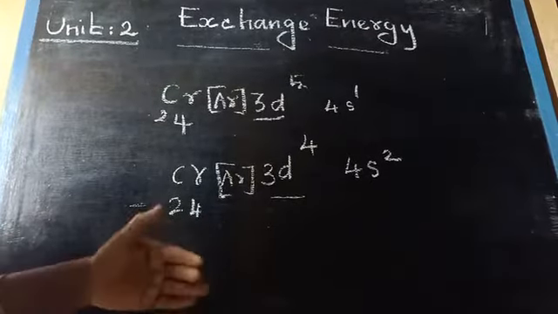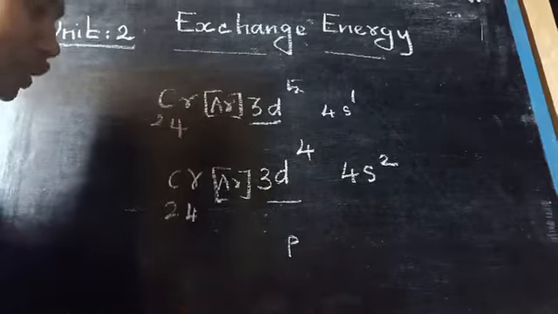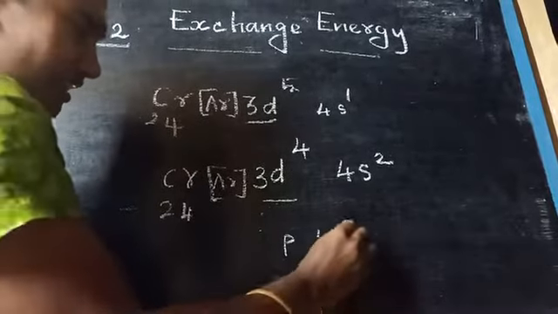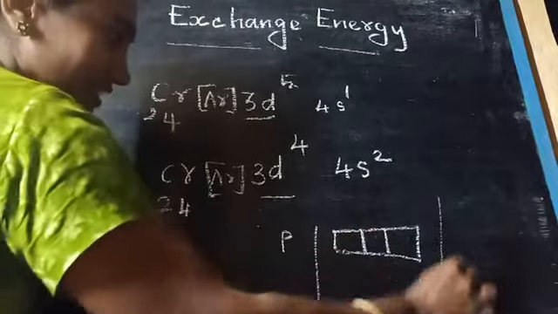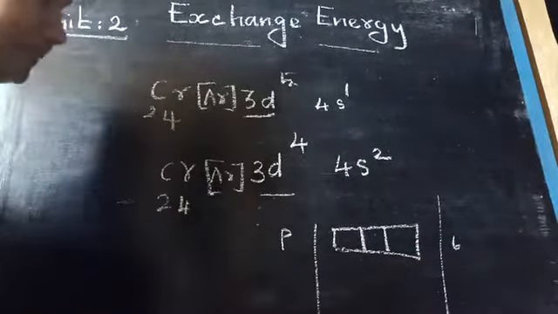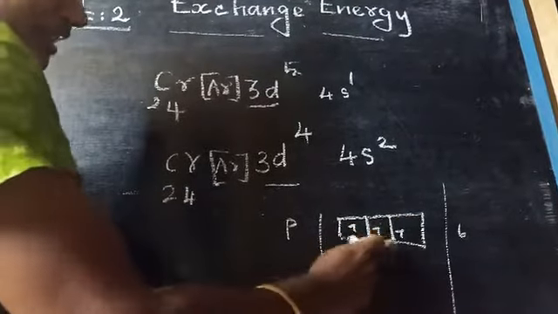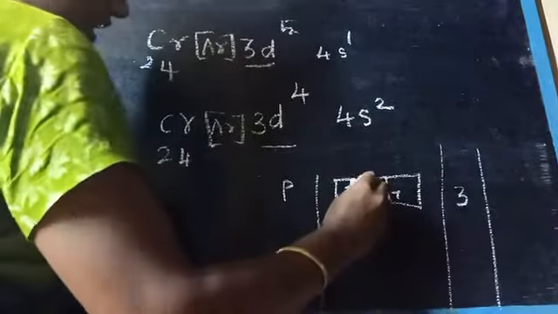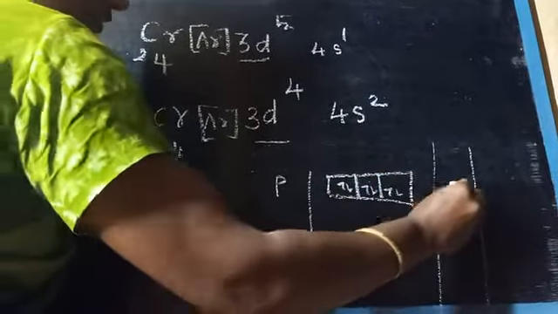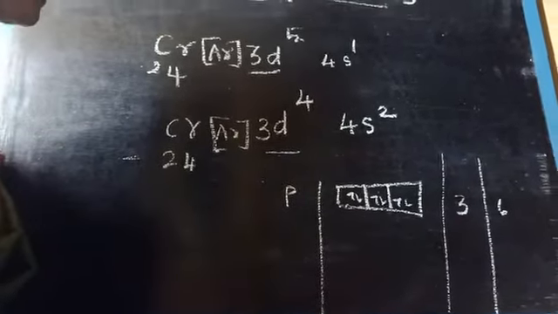Symmetry means, for example, the p orbital. In this structural representation, 6 electrons are possible. 1, 2, 3: three electrons is denoted as half filled. Again fill electrons 4, 5, 6: six electrons is denoted as completely filled.